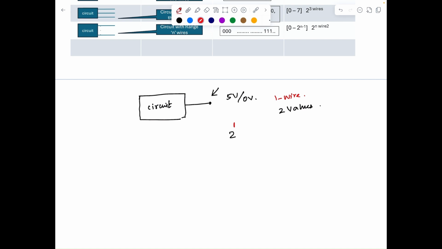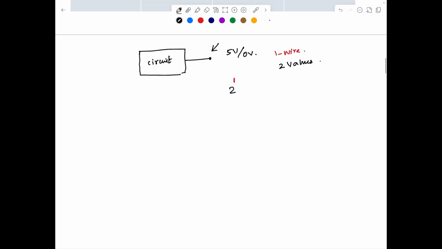Let's see the next example, which will build on this idea. Suppose I have two wires here, same circuit, say A and B. How many possible values can I represent using these two wires? Let's draw the table here.